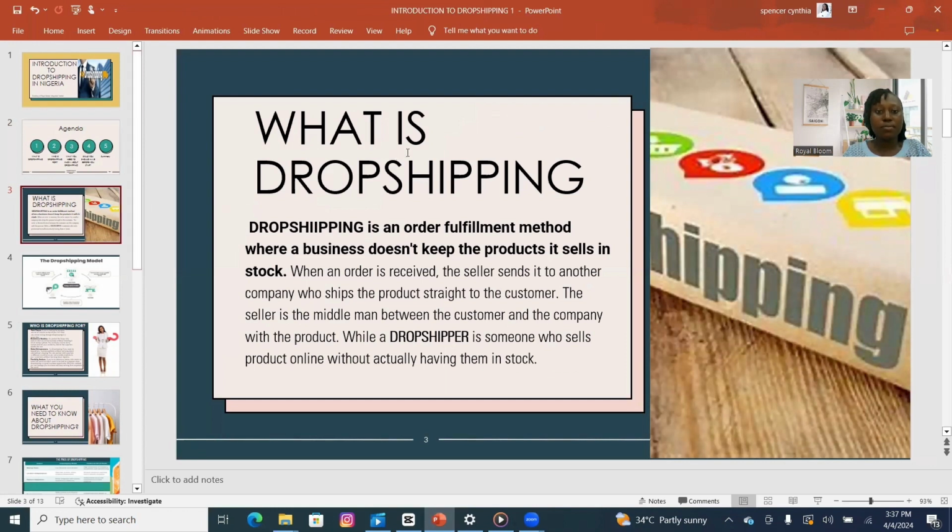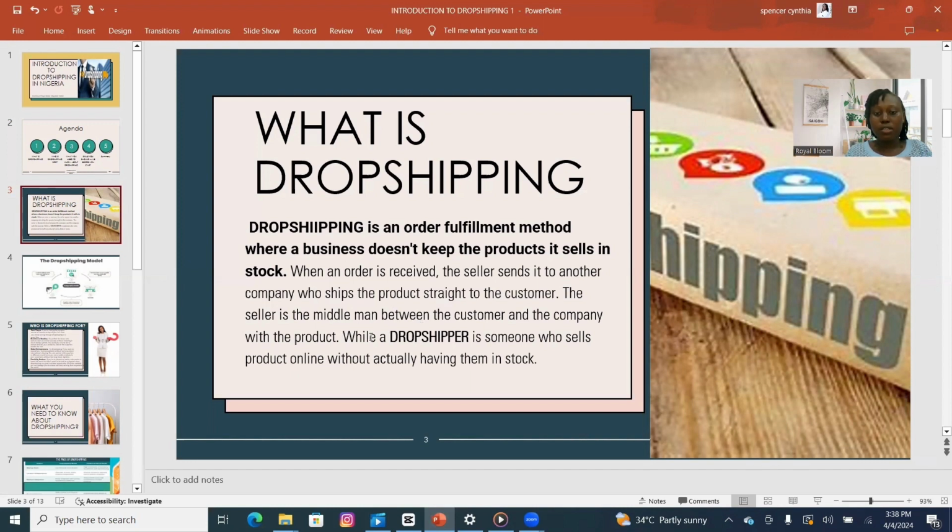What is dropshipping? Dropshipping is an order fulfillment method where a business doesn't keep the product itself in stock. So for some of us who have already started doing this business, you obviously do not have the goods in stock, but you are selling. So what you're actually doing is dropshipping.